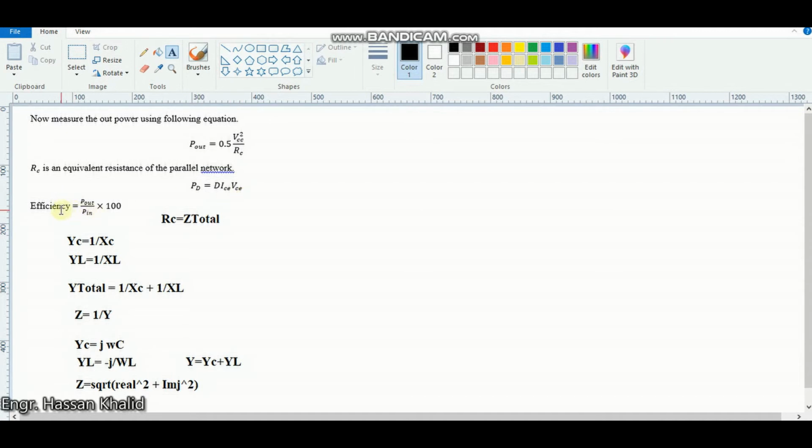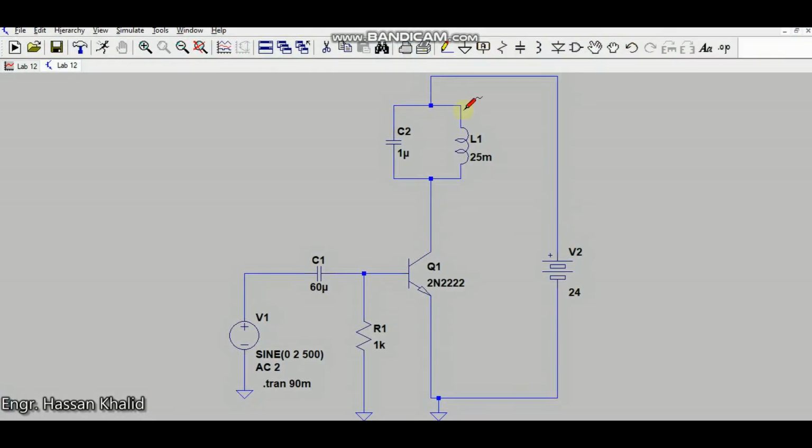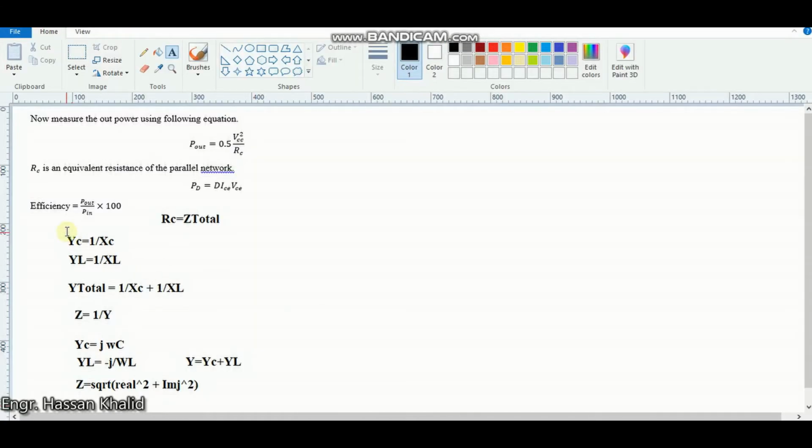And simply by using output power over input power multiplied by 100, you can find the efficiency. Here we have the parallel network of the capacitor and the inductor. C is equal to 1 microfarad and L1 is 25 millihenry. To find the total impedance, which is RC, that is Z total, for the parallel circuit we need to find the admittance, which is the reciprocal of the impedance.